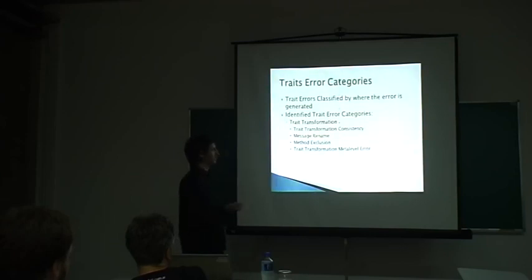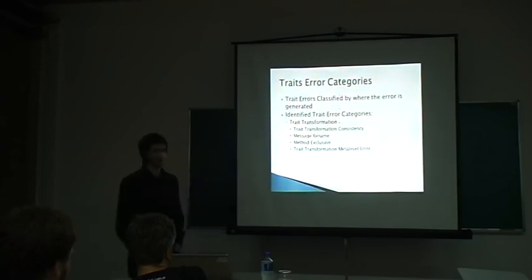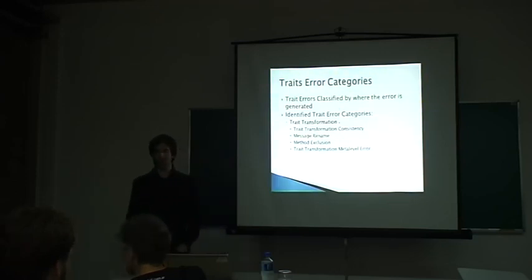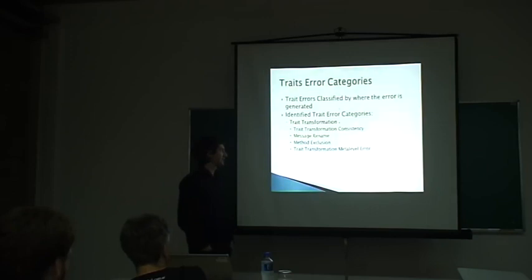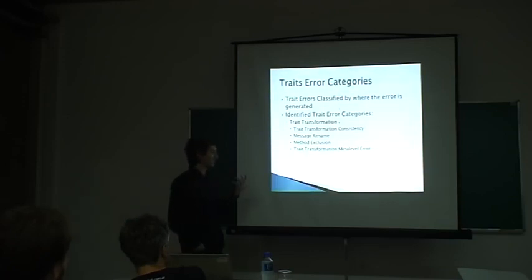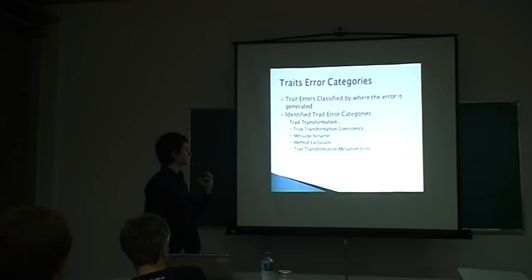Also, message rename, for example. Actually, this transformation doesn't exist in traits, but if you remove a method and also apply an aliasing for that method, it's equivalent to message rename. Also, method exclusion, like removing a method that doesn't exist, or for example, producing a message not provided to the user class, because you removed that method.